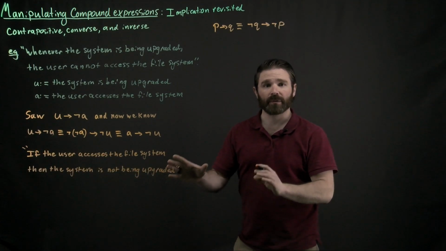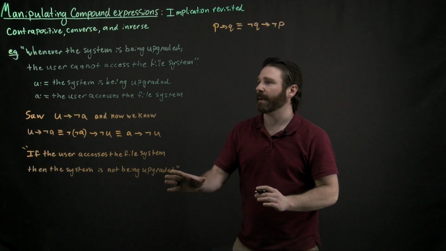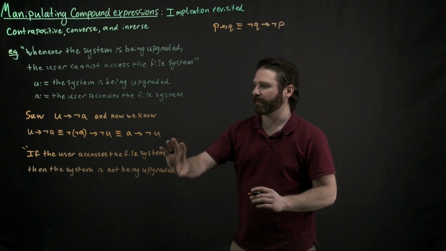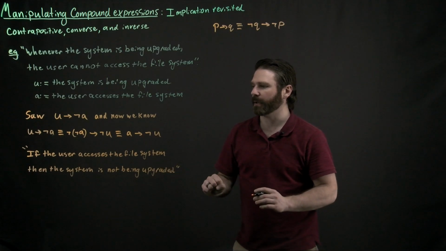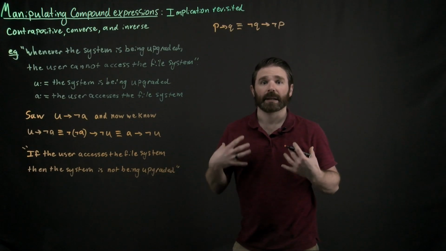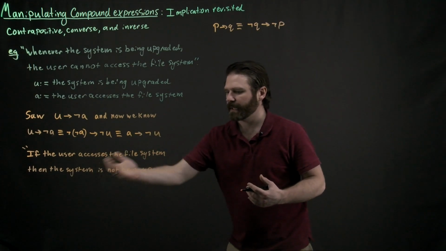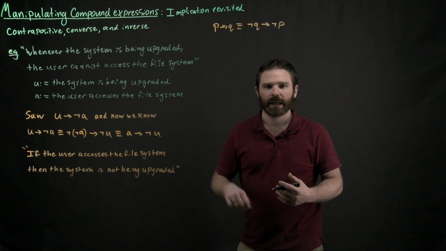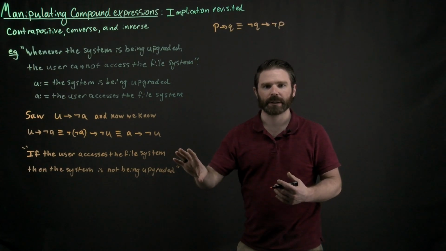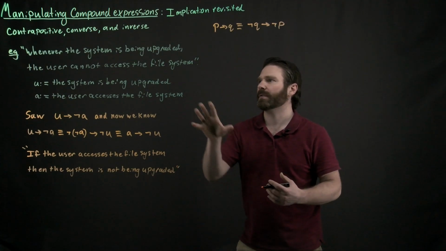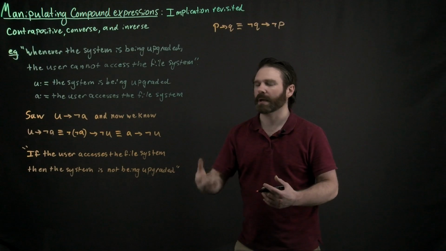And through the power of the contrapositive, I have then been able to take this English sentence and find a logically equivalent English sentence that, in my opinion, is more clear. If the user accesses the file system, then the system is not being upgraded. It's completely logically equivalent. So this should give you an indication of some of the power of using the contrapositive.